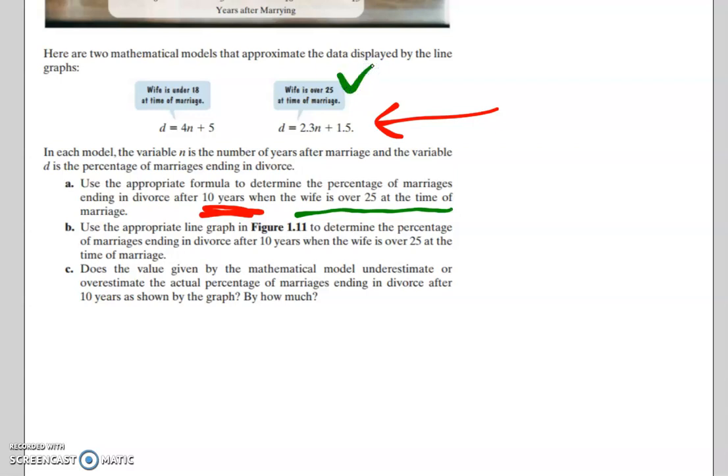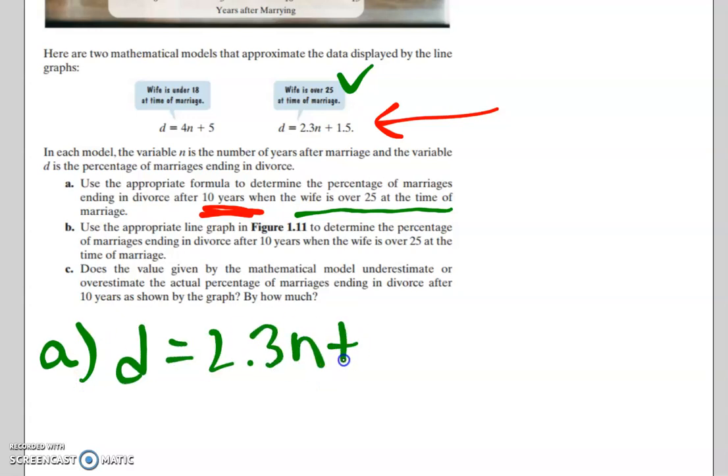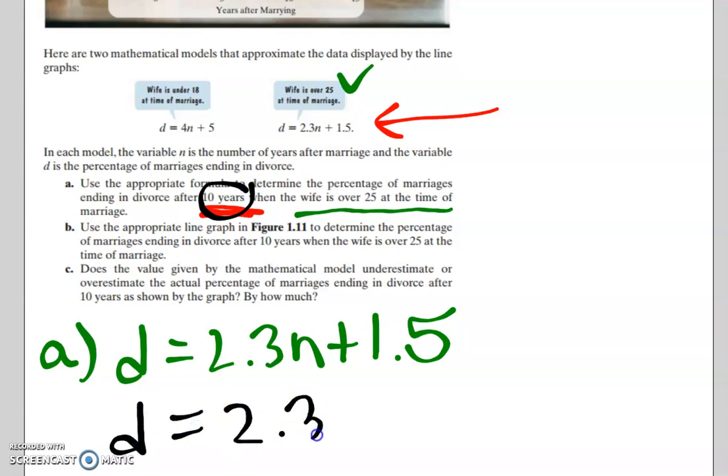Because I want to figure out after 10 years of marriage when the wife is over 25. So this is question A, I'm going to take that equation, D equals 2.3n plus 1.5, and what do you think we should do with that 10 years? Substitute it in for the n, which represents number of years, just like this.